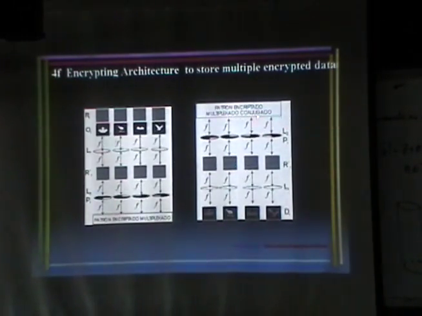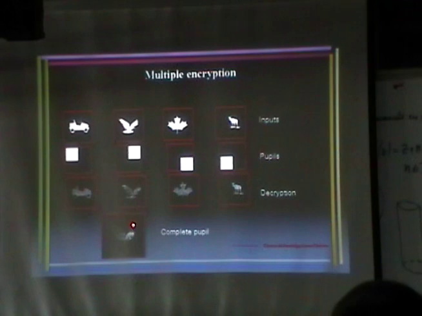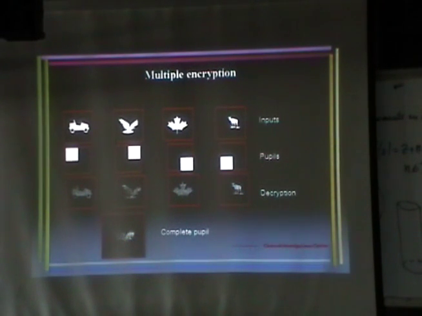In the readout step, of course, there should be a correspondence between the blocking parts with the recovered image. This with this. Well, again, if you use, in this case, the complete pupil, you get all the output superimposed. And this is a wrong result.